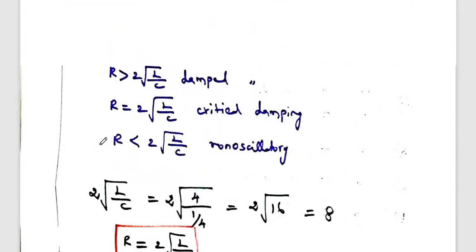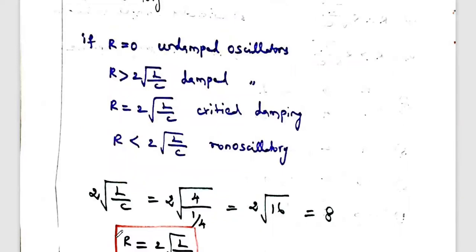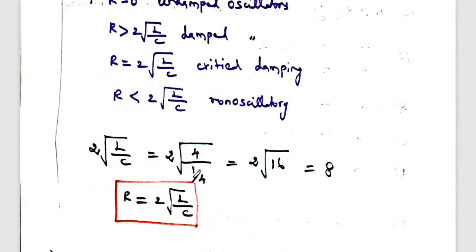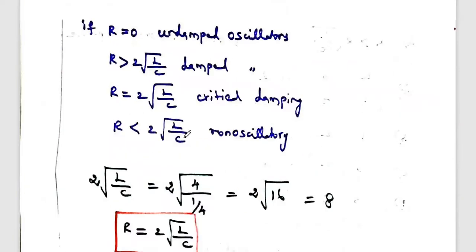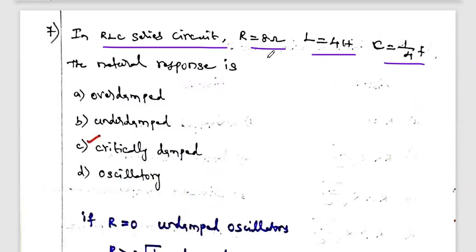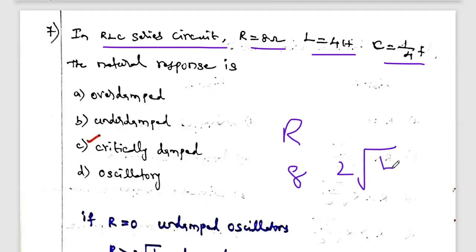So we have to find out the value of 2 into square root of L by C. L is 4 Henry, C is 1 by 4. So the answer is 2 into square root of 16, square root of 16 is 4, so 4 into 2, 8. Here the R value is also given as 8, and 2 into square root of L by C is also 8.